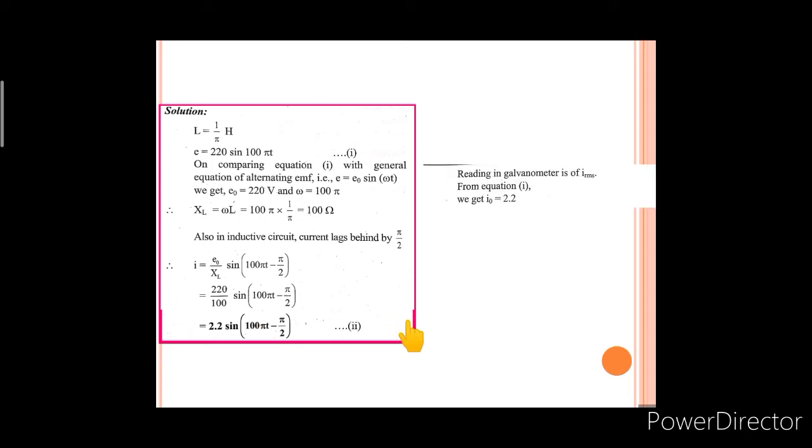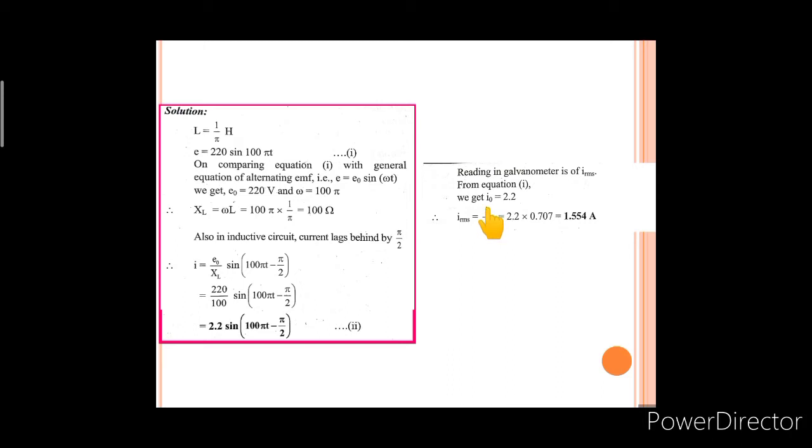Then for the next part of the problem, the reading of the galvanometer is the IRMS. From equation 2, the value of I0 is 2.2. Then by using the formula IRMS is equal to I0 upon square root 2, we can determine the RMS current in the circuit.